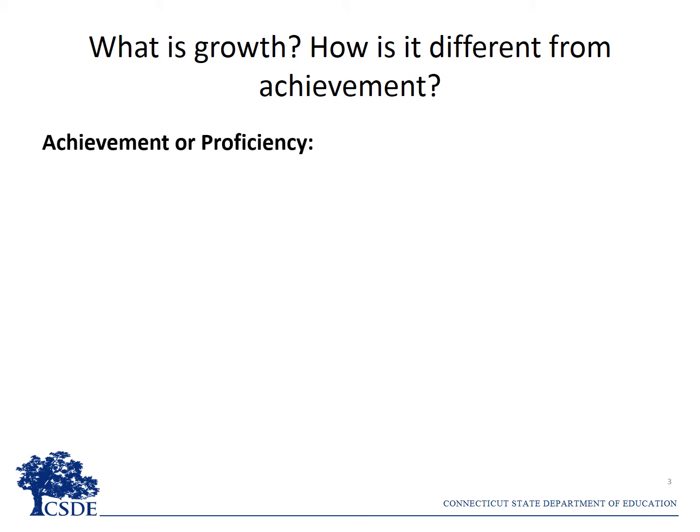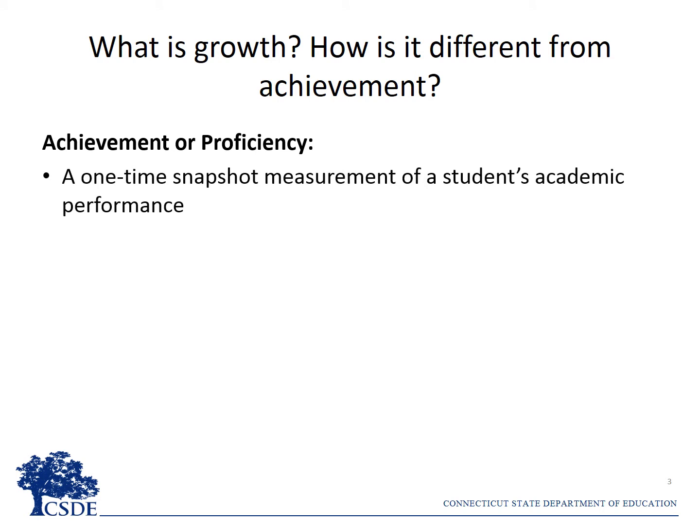To understand the differences between achievement and growth, let's start first with a simple definition of achievement. Achievement, or proficiency, or status, is a one-time snapshot measurement of a student's academic performance in a subject area like ELA or mathematics.